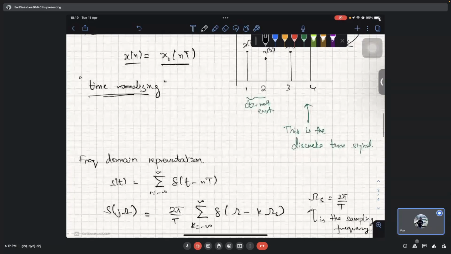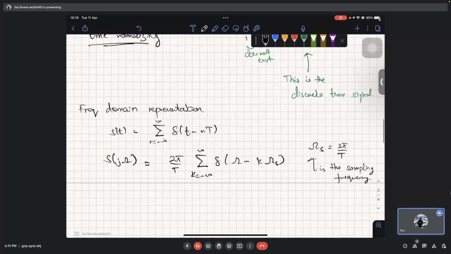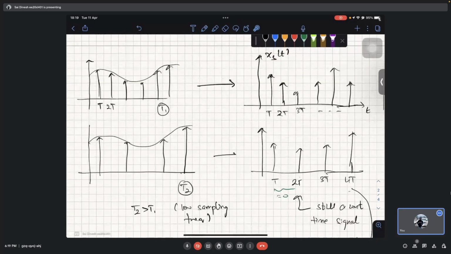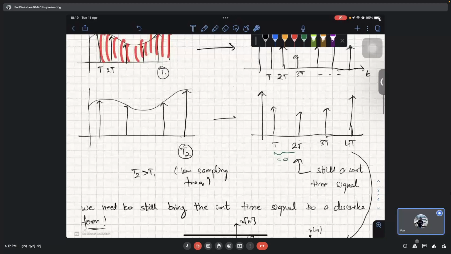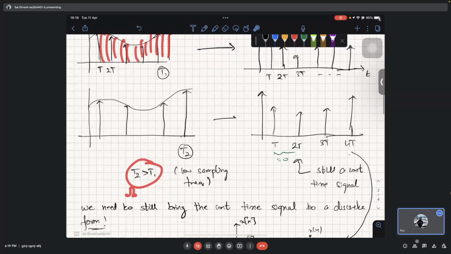So if we have a very high value of omega s, this means we are sampling more rapidly, but if we have a low one, it means we sample less rapidly.